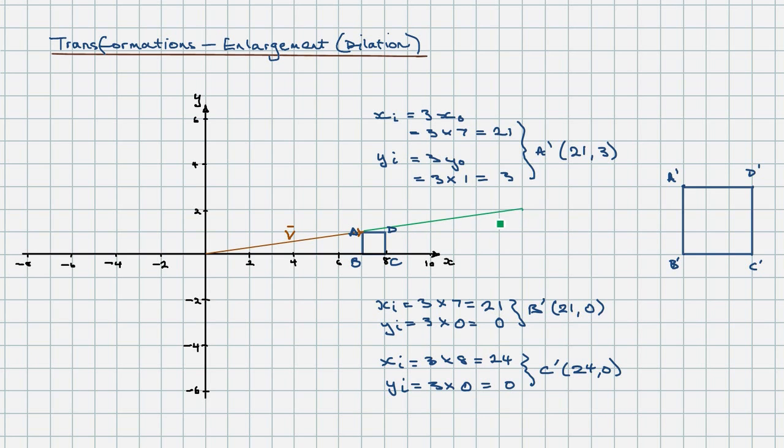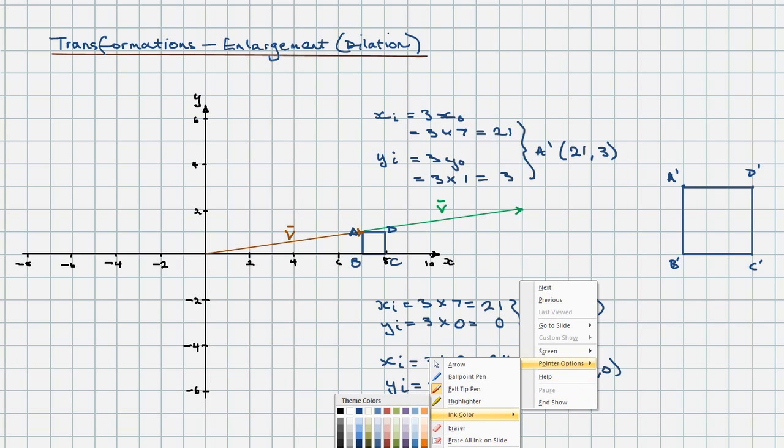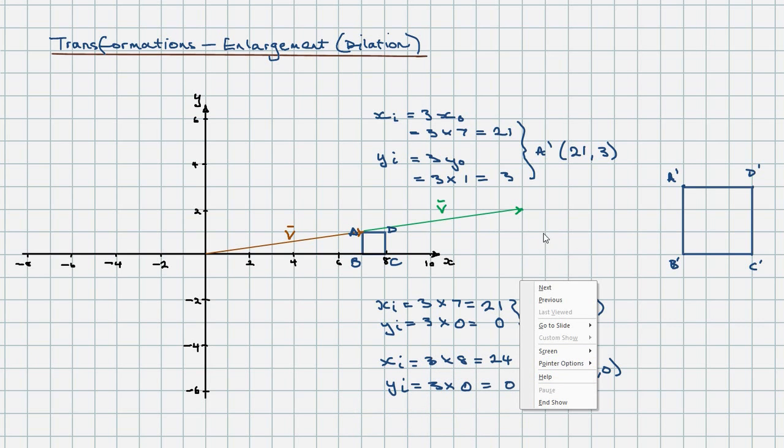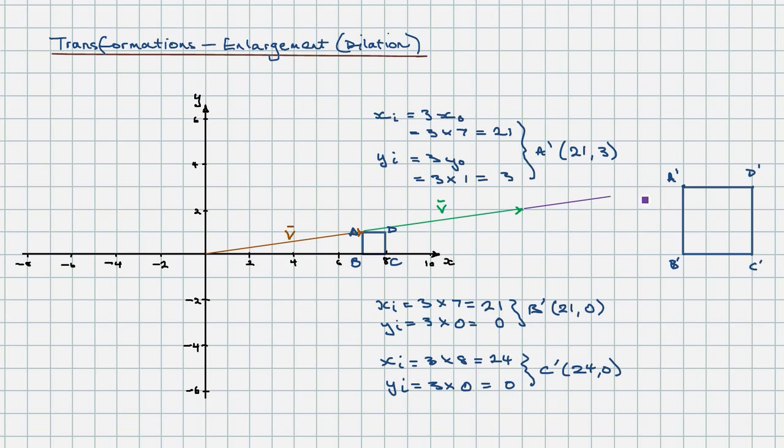This gives us a doubling of our vector V. Okay, and using a different colour, let's just draw in our third vector. Okay, 7 along, 1 up gets us to A prime.